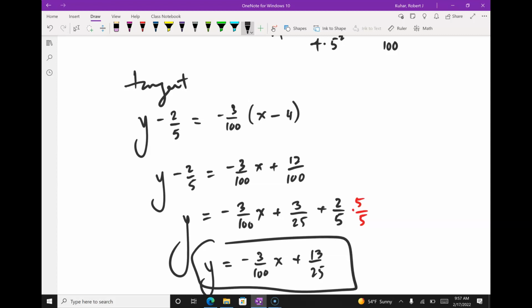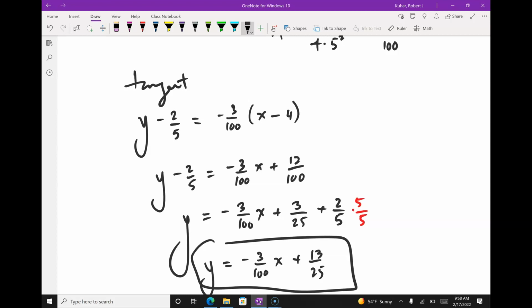What do I want to do? Graph it. Anybody need a minute before I go graph it? Yes, no problem. Okay.